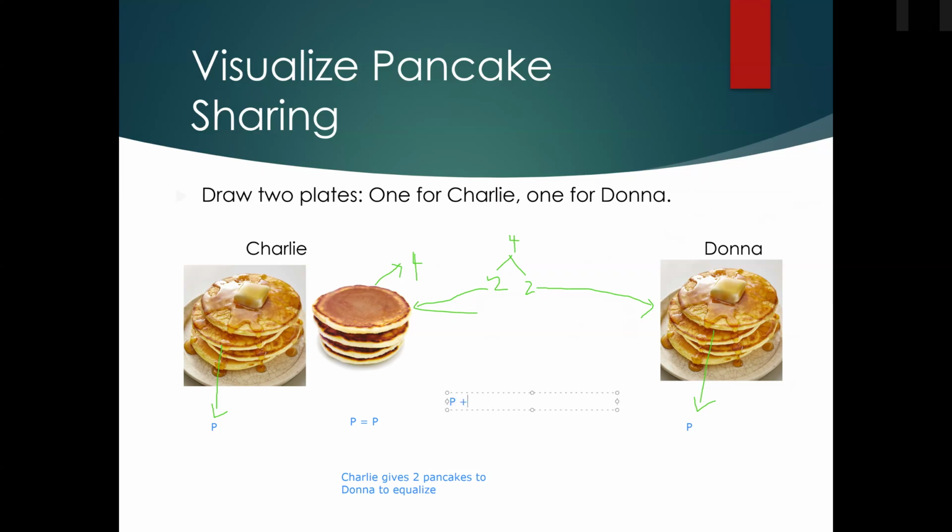And we can prove this by saying, for example, P plus 2. So that's how much Charlie has because he has a set amount and 2 extra because there's 2 that's left. So P is equal to Donna's P plus the 2 that we gave her from Charlie's stack. Because the P's are the same, these 2 expressions on each side are equal, which proves that Charlie giving 2 to Donna will equalize the amount of pancakes they have.